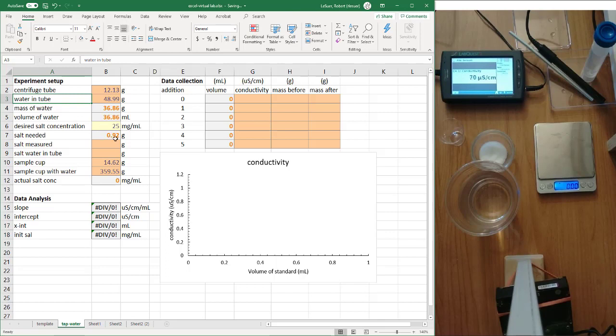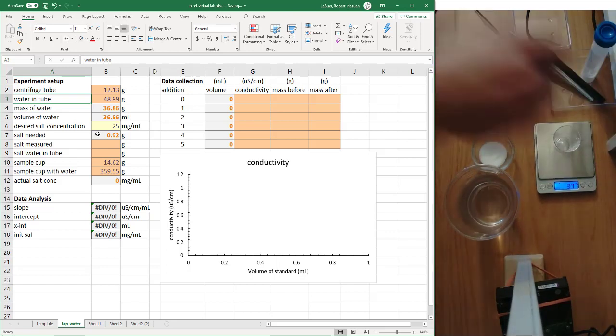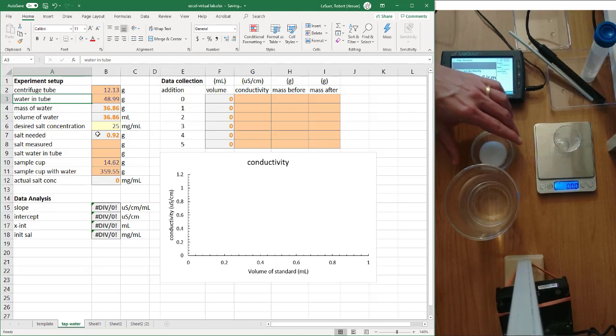and if we want to make that water a total concentration of 25 milligrams per milliliter of salt, this tells me I need to add 0.92 grams. So let's go ahead here and measure out about 0.92 grams.